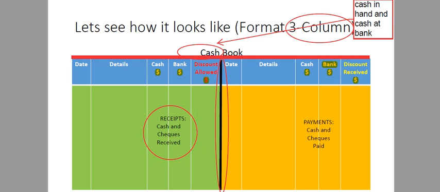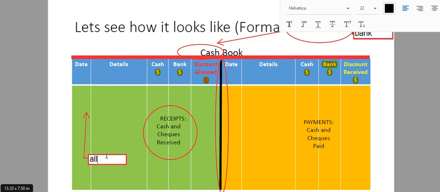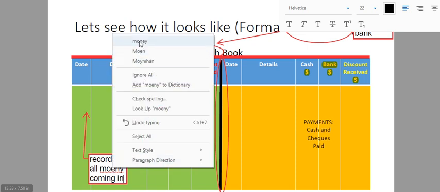So can we make that notation? On the left side, it records all money coming in. So basically you are receiving the cash and you are receiving the checks.